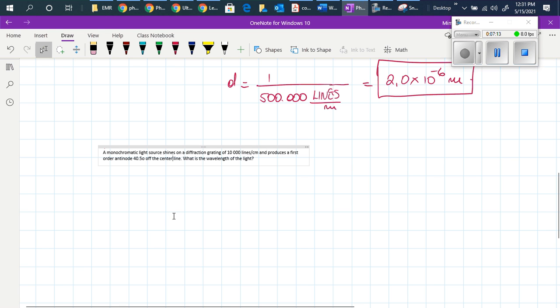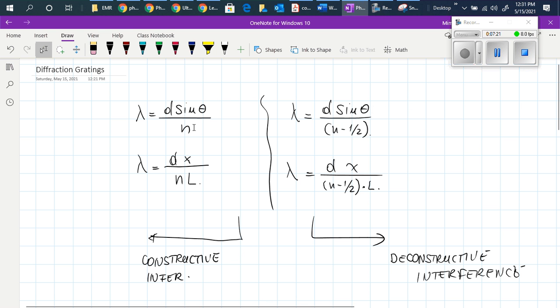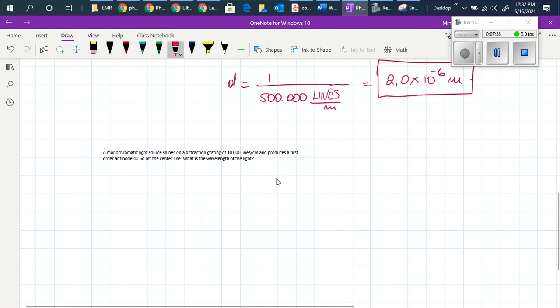If they're asking for the angle or the angle is given, then you will use the first formulas: if it is a bright fringe, we'll use this one, and if it is a dark fringe, then we will use n minus 1/2.